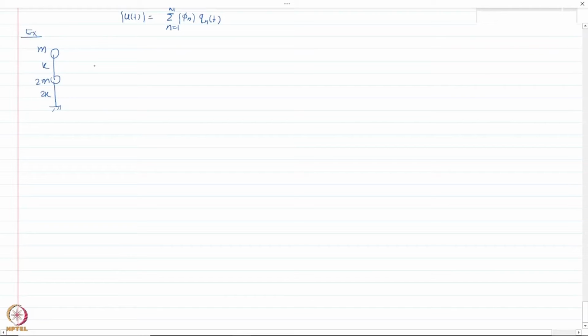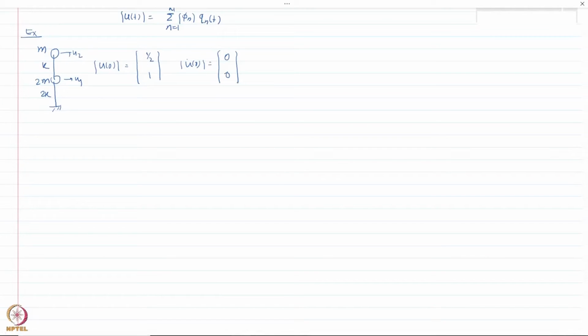Now the initial conditions have been given to us: u0 is half and 1. Remember, this is u1 here, and this is the second degree of freedom u2. And the initial velocity is also given as 0, 0. Let us see what we get as the overall response.